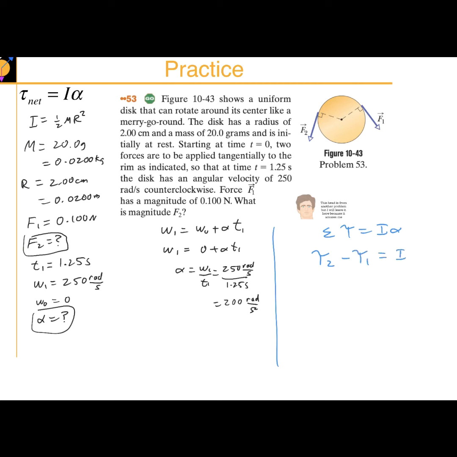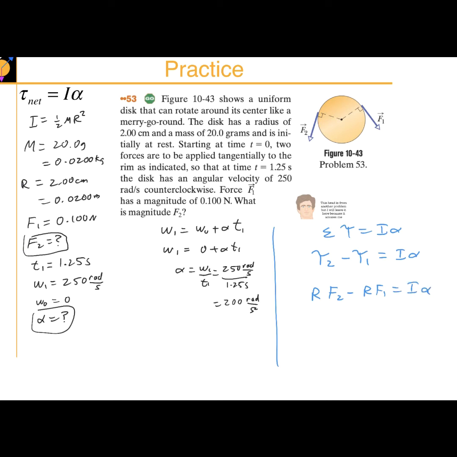So we can leave it like this, I alpha, like so. And now I'm going to plug in for torque 2. It's going to be R times F2. And torque 1 is R times F1. And that's equal to I alpha.